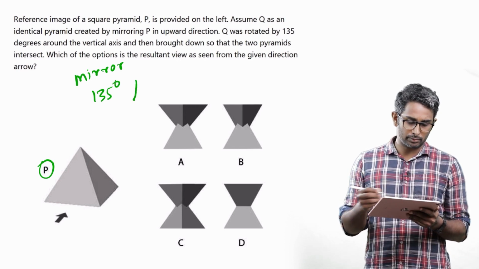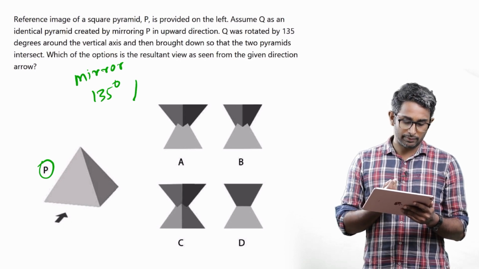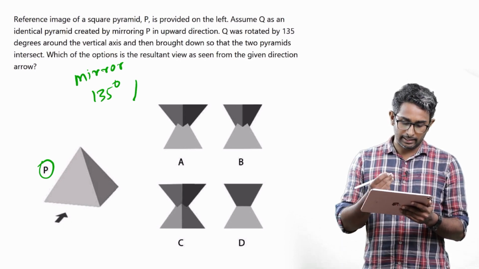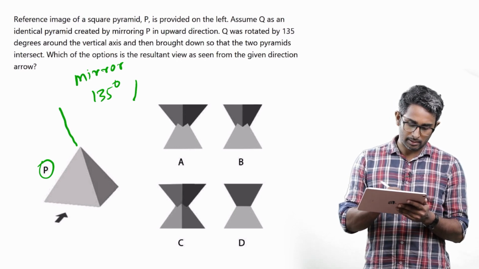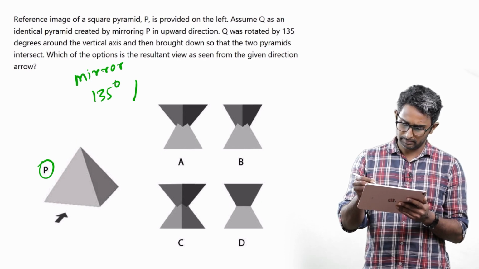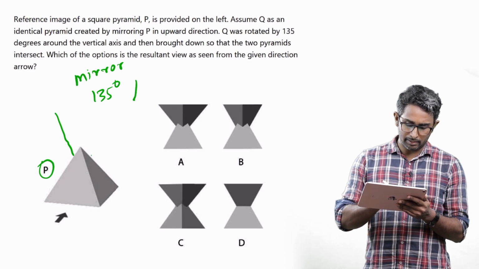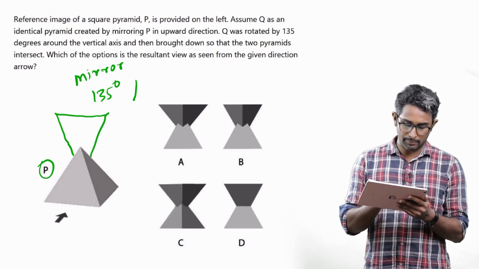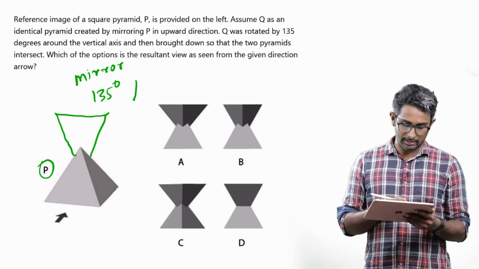After rotating, we have to bring the pyramid down, and the mirrored pyramid has to intersect the base pyramid like this. So that's what the question is asking us to do.